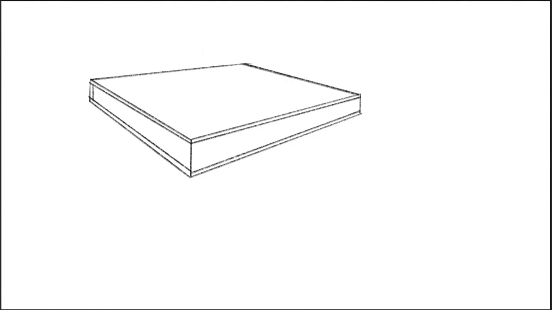One vertical line here. That's it. Now let me erase unwanted lines here so that I can convert this into a proper book. Okay, so this is what I have here.